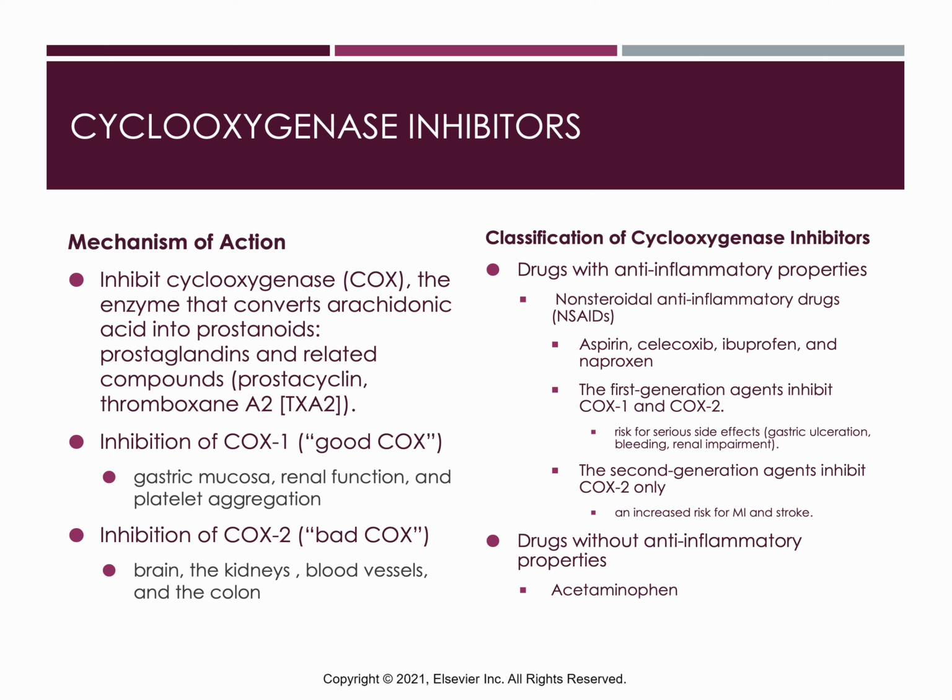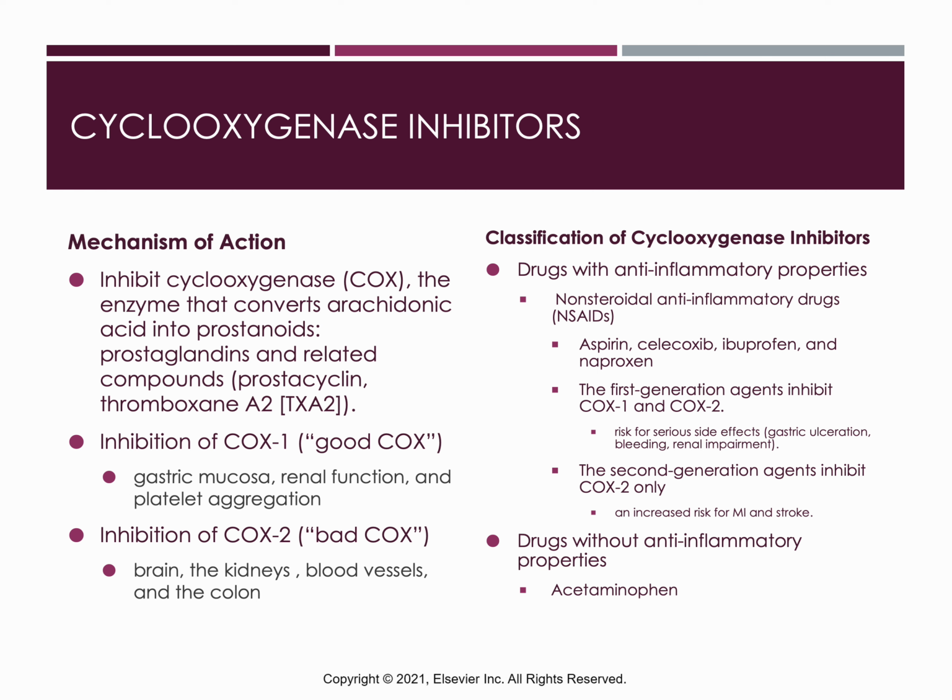Because first-gen agents inhibit both COX-1 and COX-2, they are not able to suppress pain and inflammation without also posing a risk for serious side effects. Remember, we have COX found in our GI, in our blood vessels, and in our renal system, right?